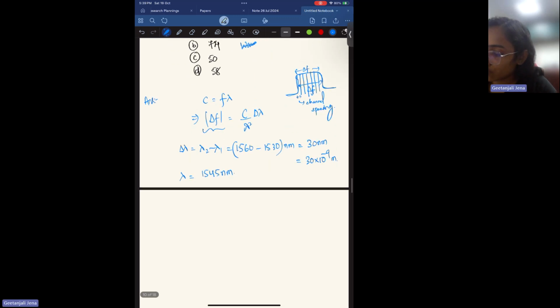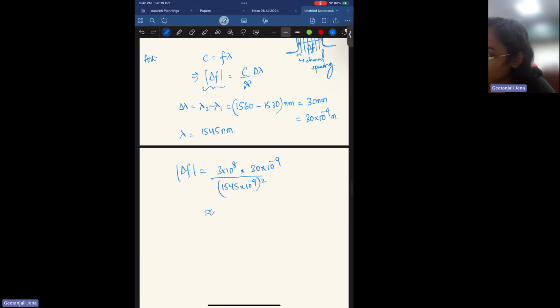Now you have everything, so you just have to calculate delta F. This will be 3 into 10 to the power 8, divided by lambda square, which is 1545 into 10 to the minus 9 squared, times delta lambda, 30 into 10 to the minus 9. If you calculate it, it will come around 3770.384 gigahertz.